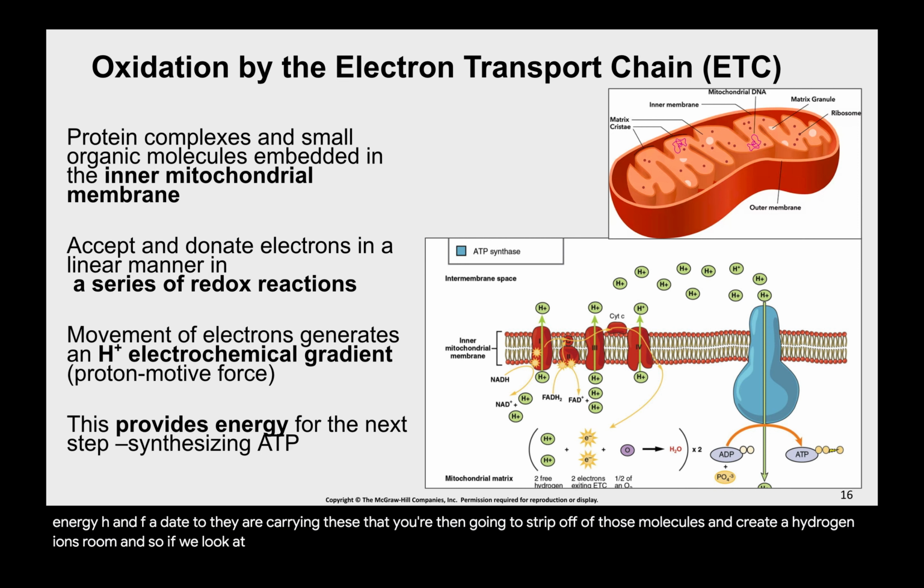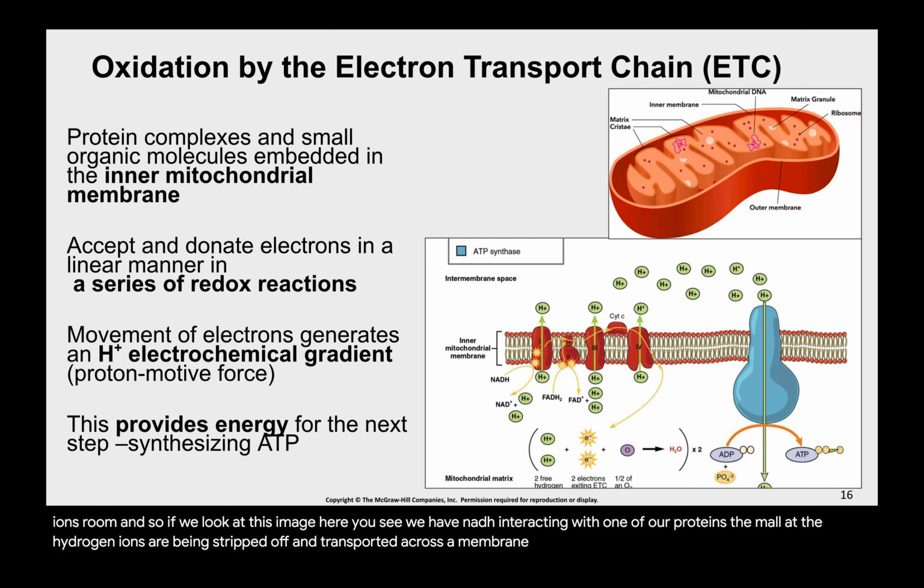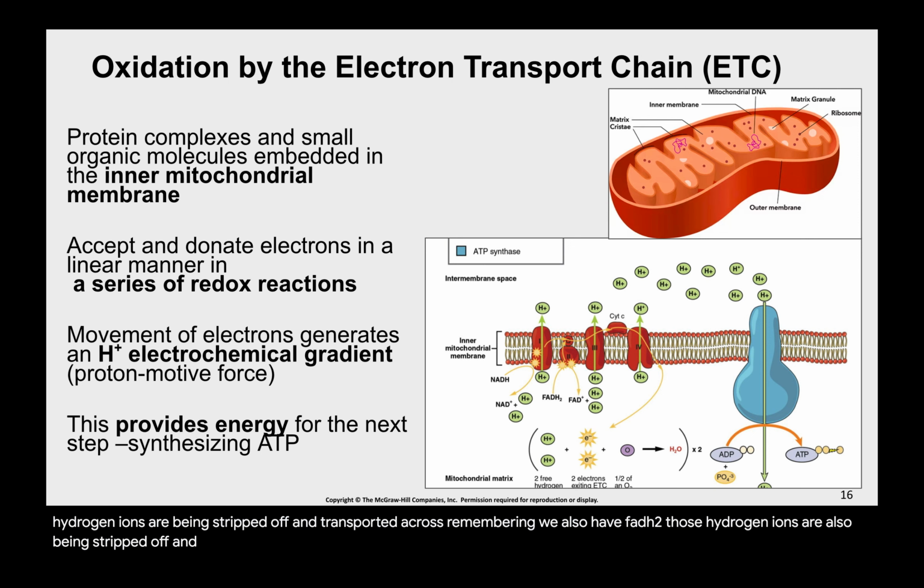And so if we look at this image here, you see we have NADH interacting with one of our proteins. The hydrogen ions are being stripped off and transported across our membrane. We also have FADH2. Those hydrogen ions are also being stripped off and transported across our membrane.